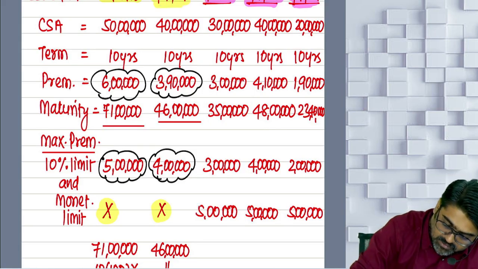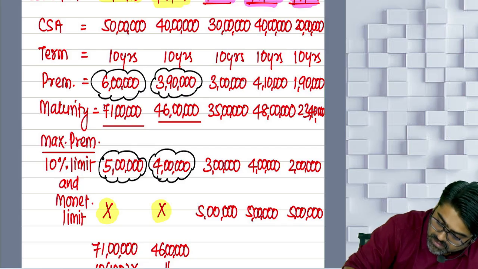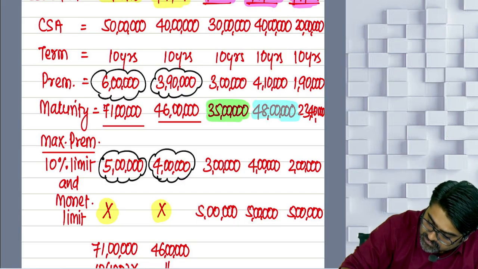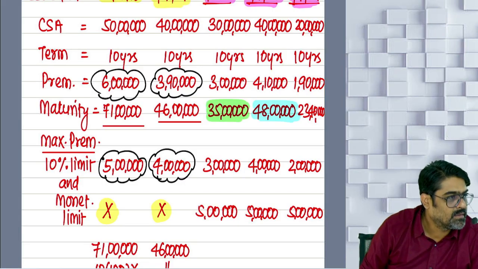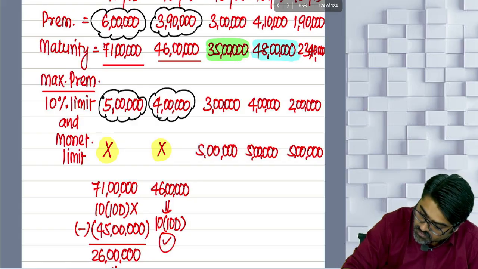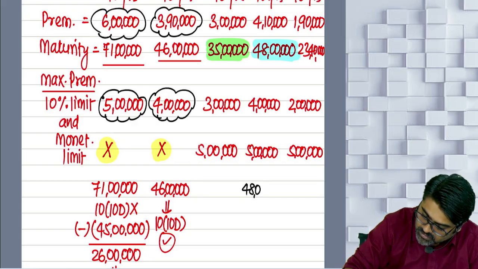So for one policy the exemption can be taken, for this policy the exemption cannot be taken. I will write 48 lakhs over here.